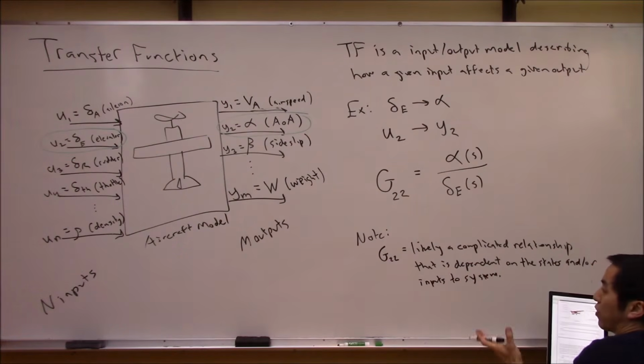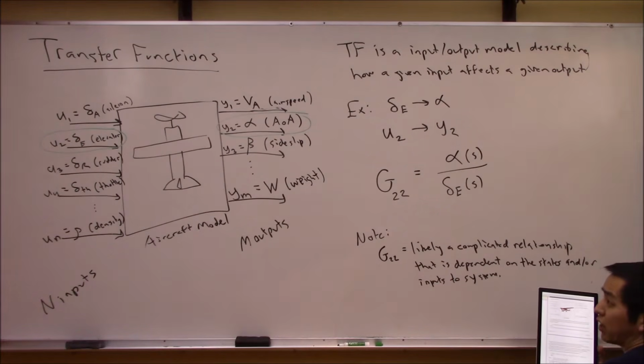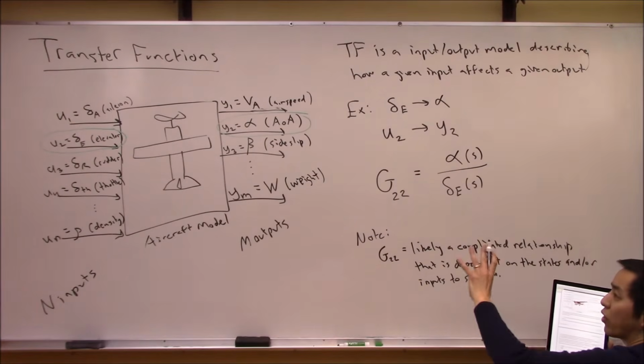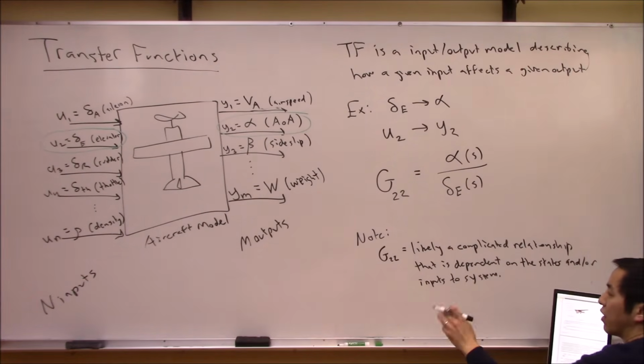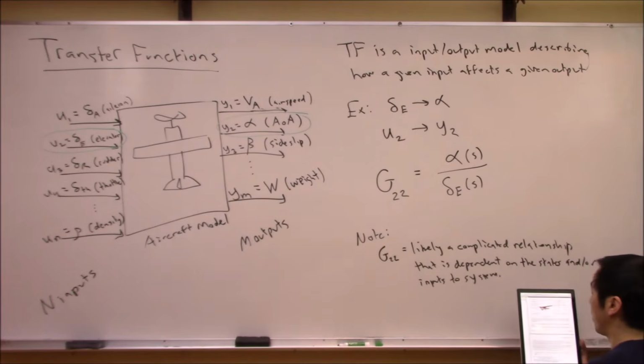Right? So in other words, depending on how fast the aircraft is flying, what its current angle of attack is, what its current angle of side slip, what the current throttle, what the current rudder, what the current state of the system is going to affect how this transfer function behaves, or how it's quantified here, right?